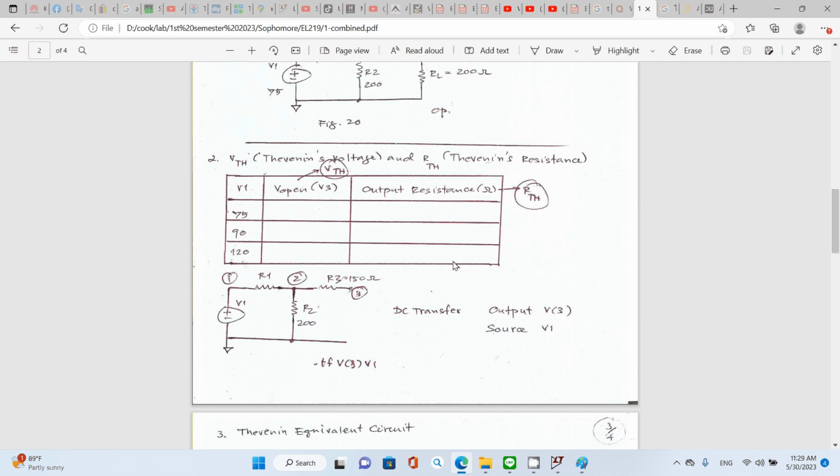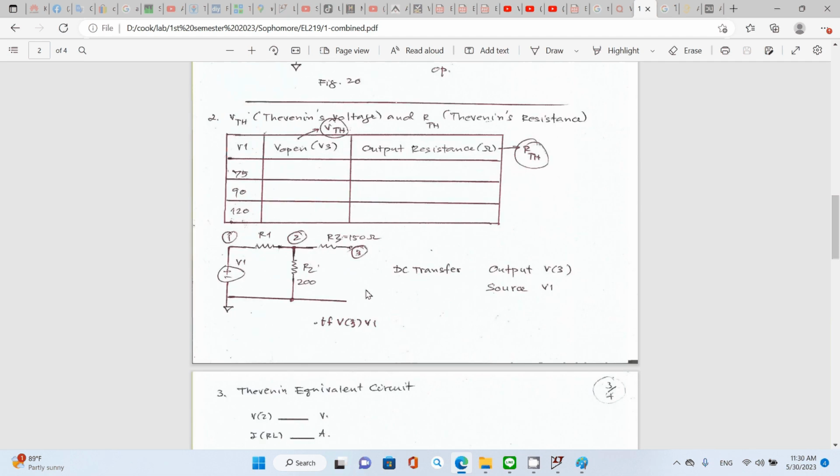Now, this one is easy to do by calculation for V2 or V3. But now we're going to use LTspice to analyze the circuit. We're looking for V open, or V3 or V2.